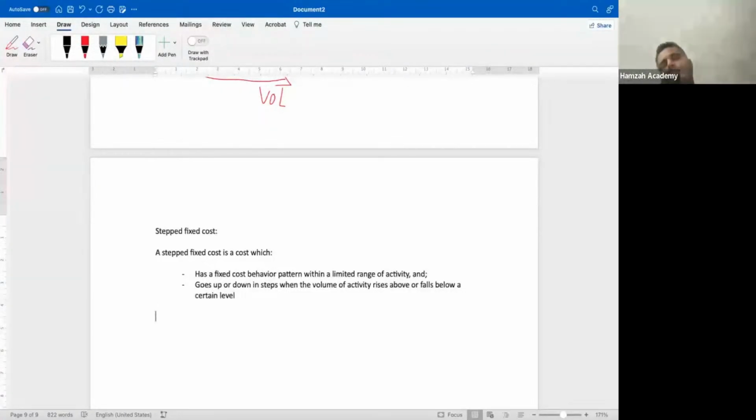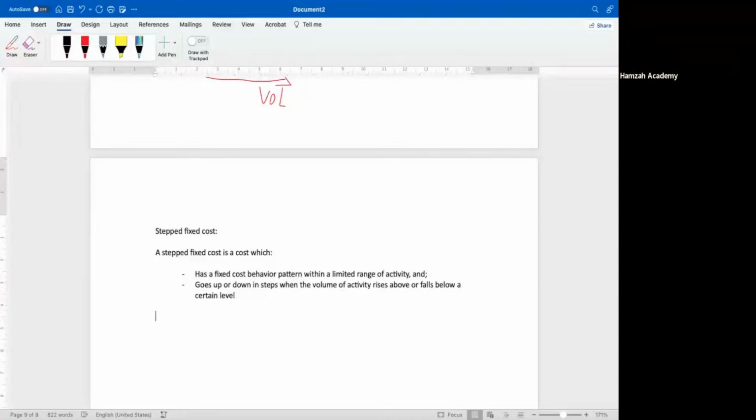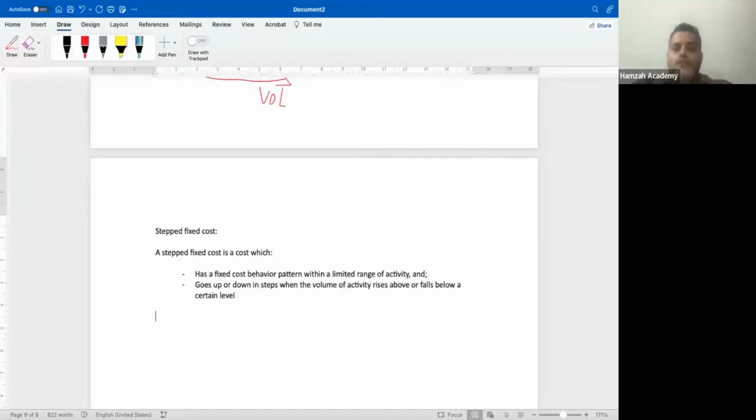So a stepped cost is a cost that has a fixed pattern for a limited range of activity. And as soon as that range is burst, there is a step increase in the cost, which remains the same again for another level, right? And then again it changes, right? So basically, step fixed cost is going to remain fixed for a certain level.